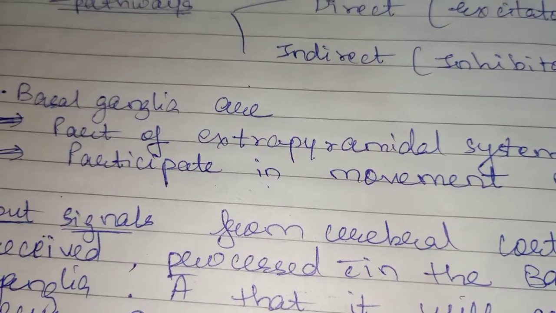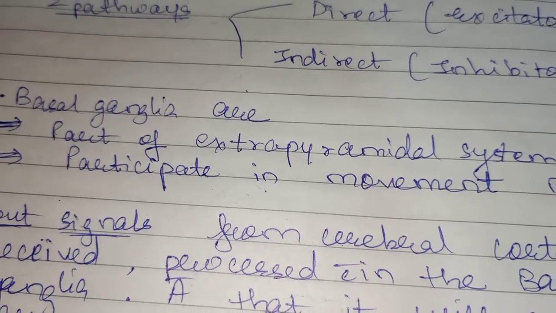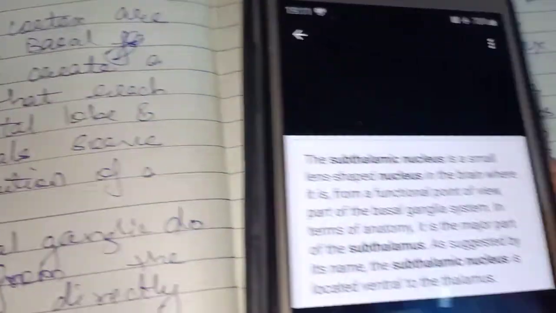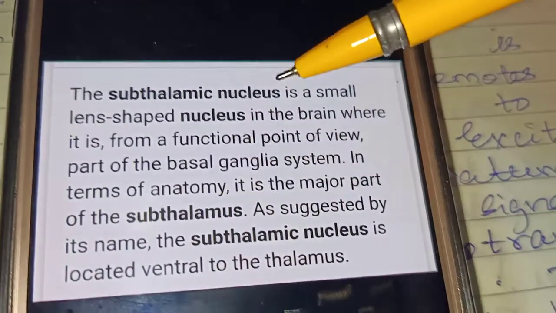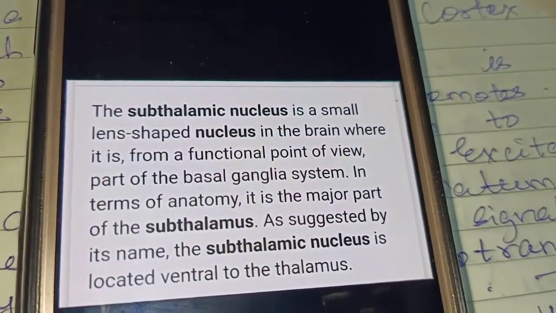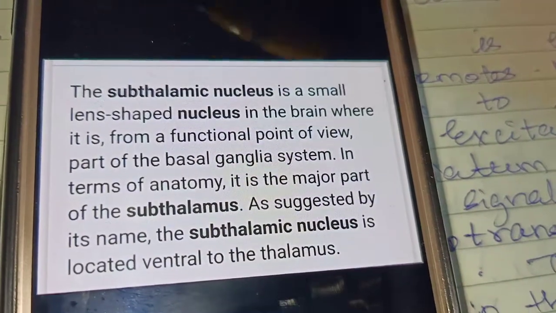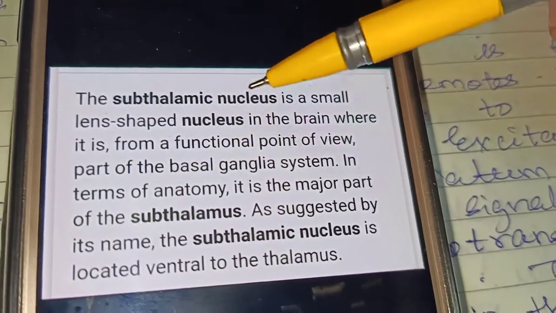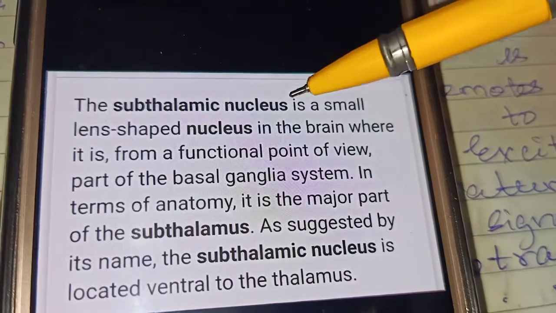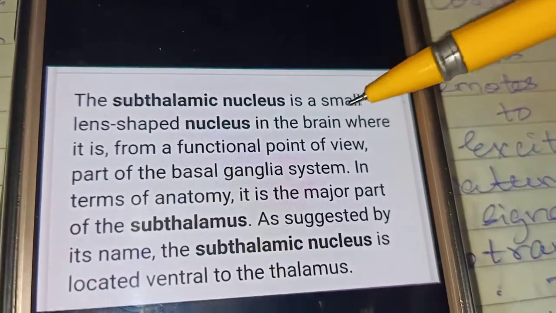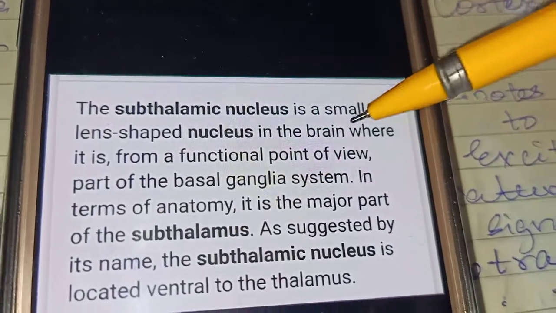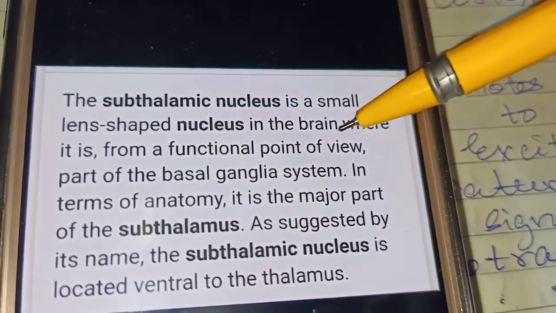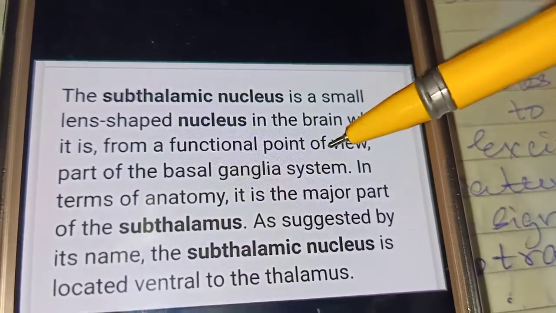Now the next component we will study is the subthalamic nucleus. This is the last of the components of the basal ganglia in this video. The subthalamic nucleus is a lens-shaped nucleus in the brain which from a functional point of view is part of the basal ganglia system.